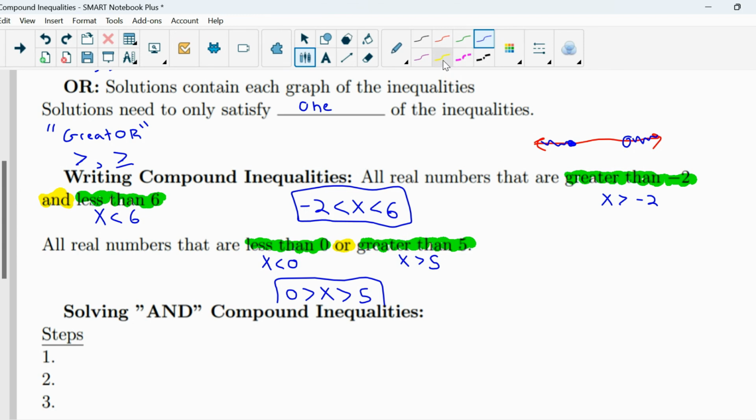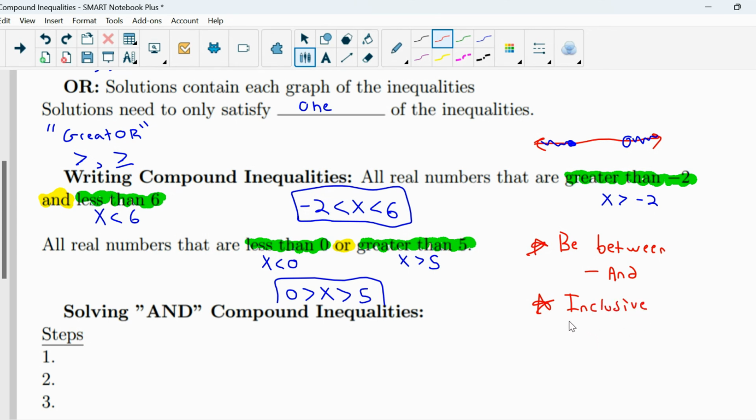When writing inequalities, a couple key phrases to look out for would be between. That tells us that we are working with an AND compound inequality. The other type of phrase we need to look out for would be inclusive.